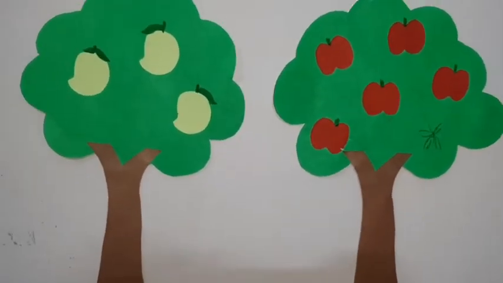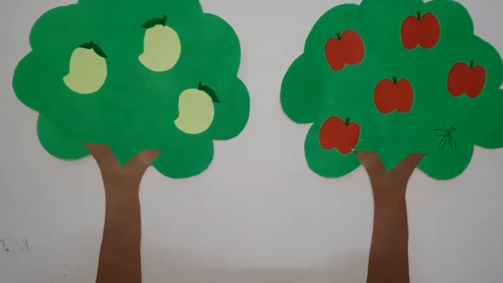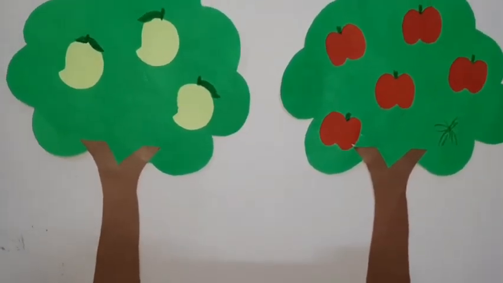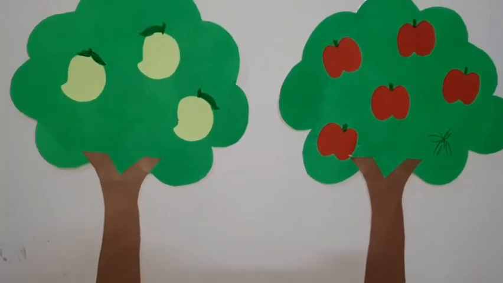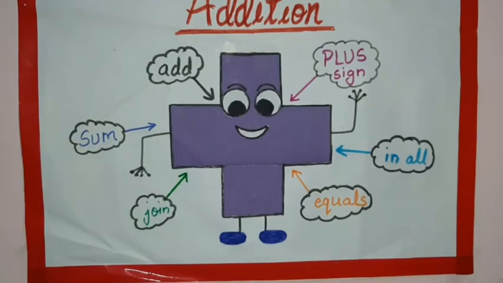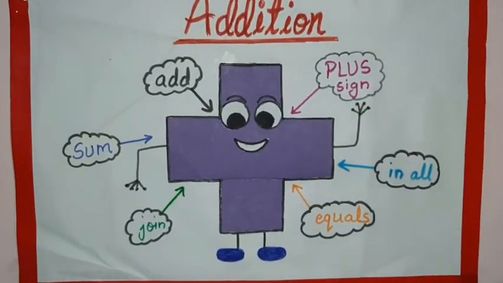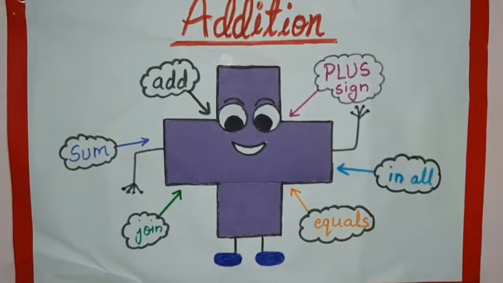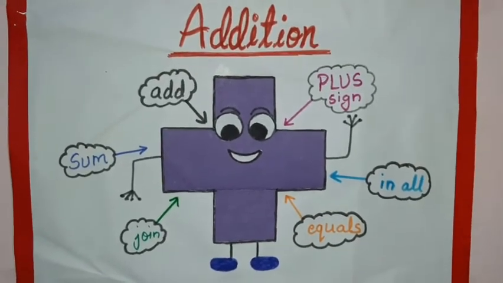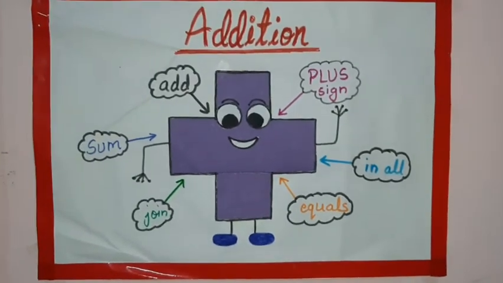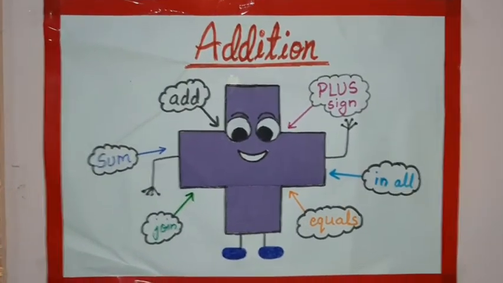So children, in the same way, we are going to do the addition of two-digit numbers. But before that, can you all tell me what is this? Yes, this is our plus sign. You all have been familiar with this sign, right? What does this sign do for us?